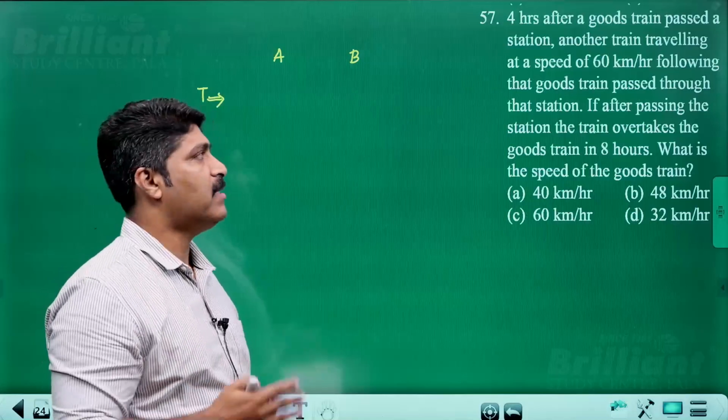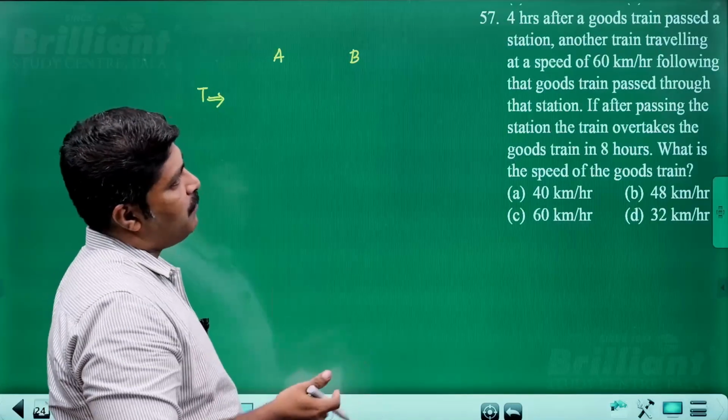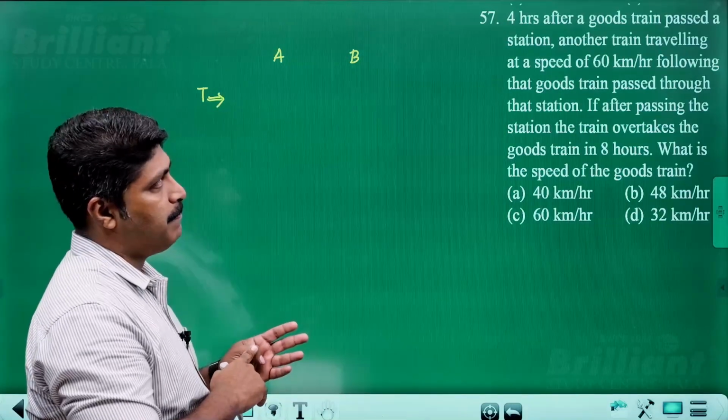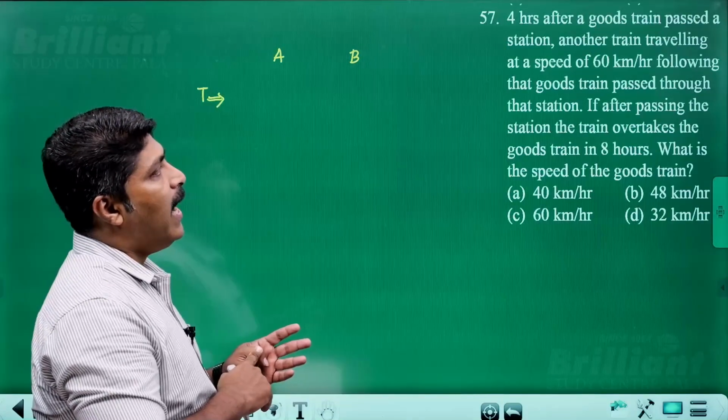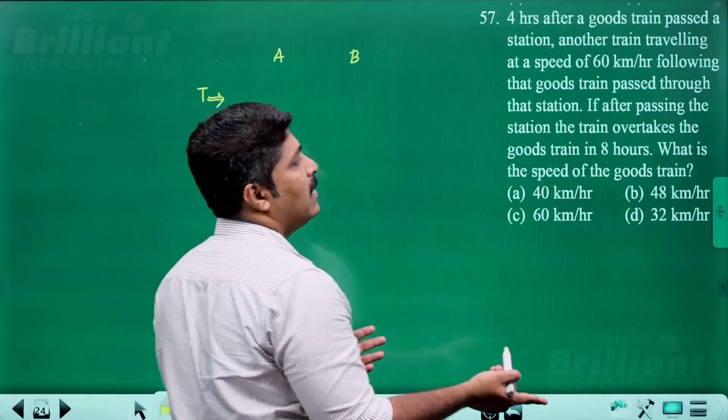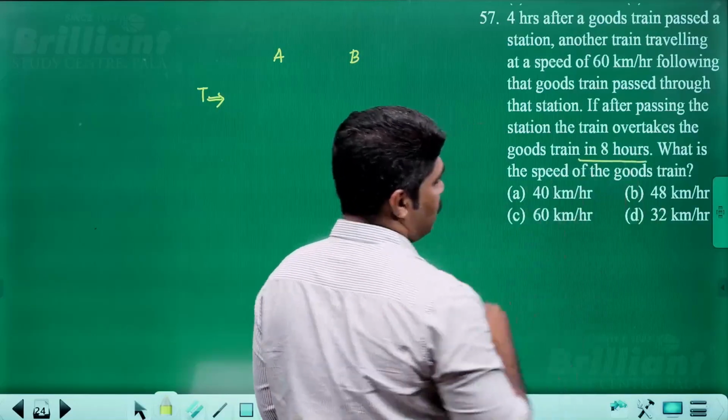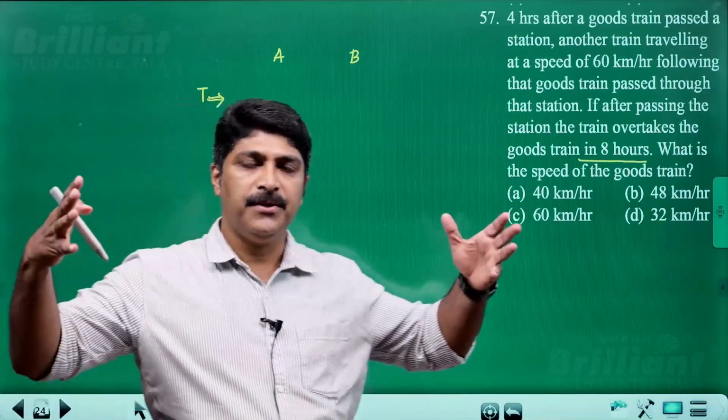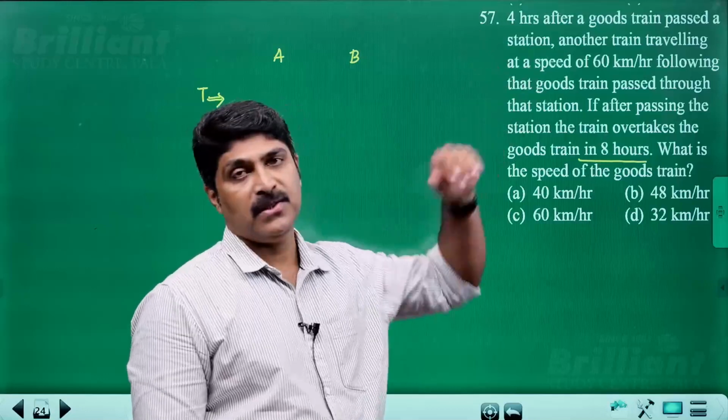Because when they will meet at a particular point: 4 hours after a goods train passed a station, another train traveling overtakes the goods train in 8 hours. So what's the total duration there after the starting of the first train?